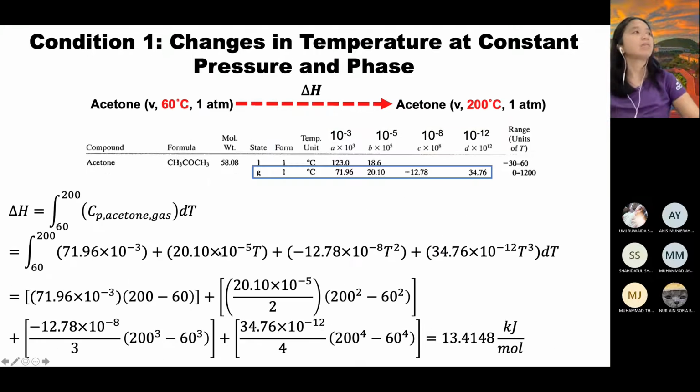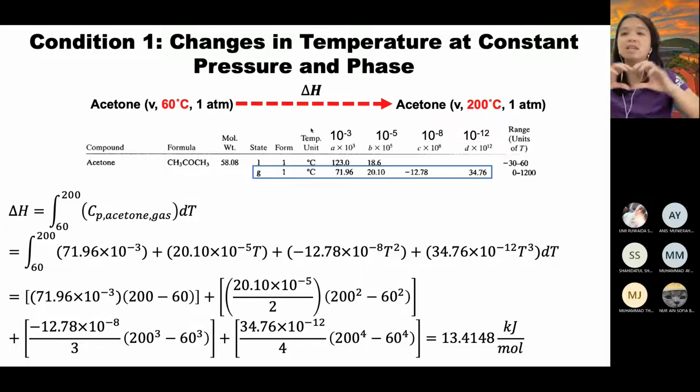Okay, so this is an example. You can see this later. I already discussed how to calculate to get your enthalpy. So this enthalpy adalah untuk contoh di mana saya nak ubah reference condition daripada acetone vapor 60 Celsius 1 atm to acetone vapor 200 Celsius 1 atm.